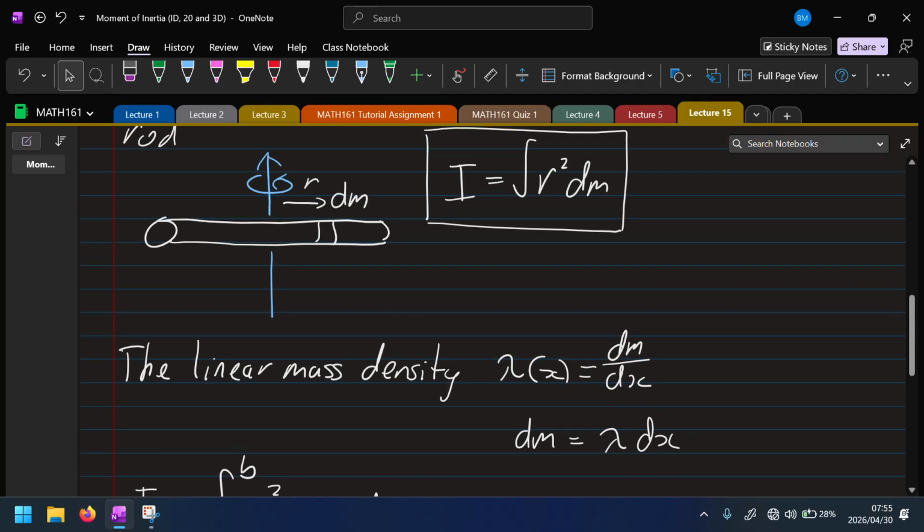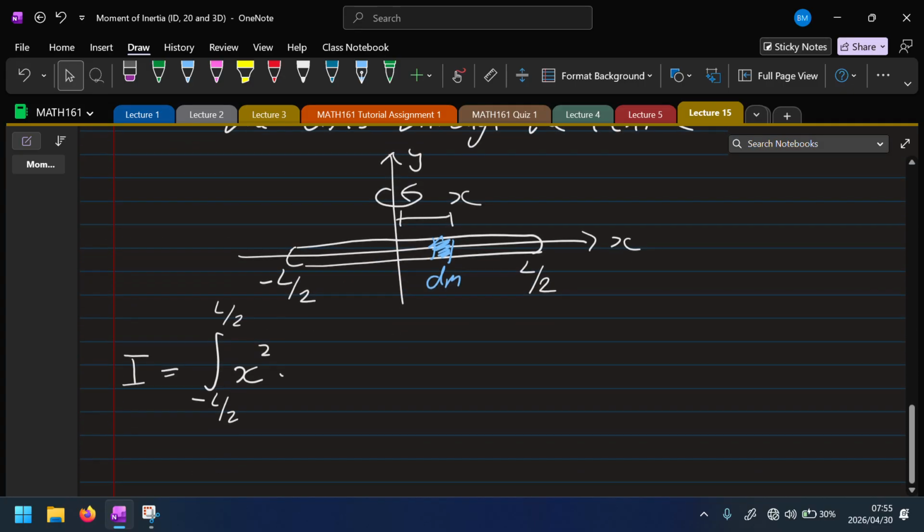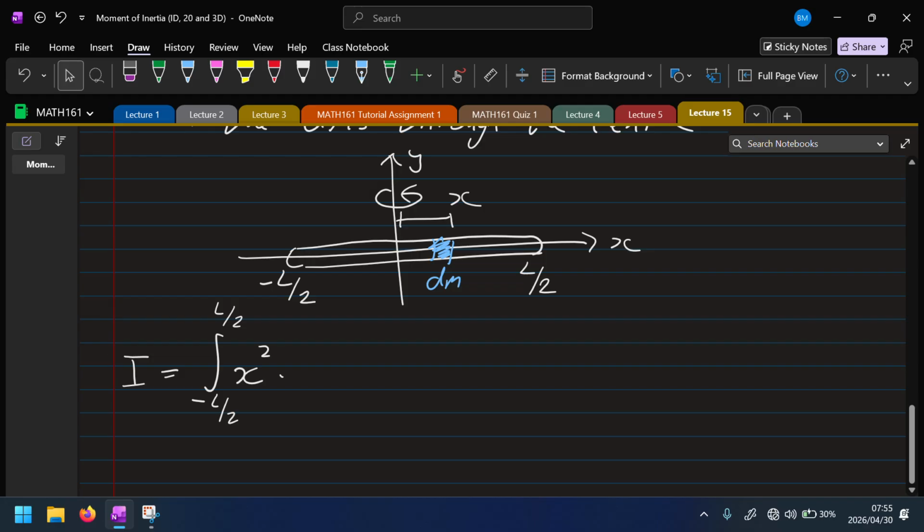If we go back up here, the lambda was dm by dx. But here it's constant, so it's not dm by dx, it's just m over the length, because it's constant. Let's say that the total mass is m. The length we said was L, so the density is just m over L. This is constant density.